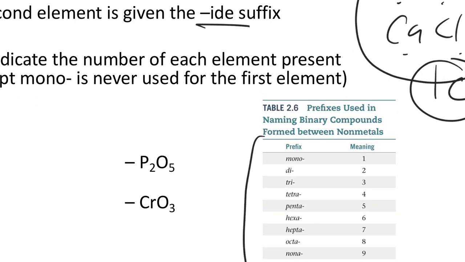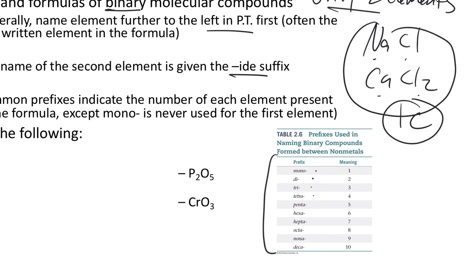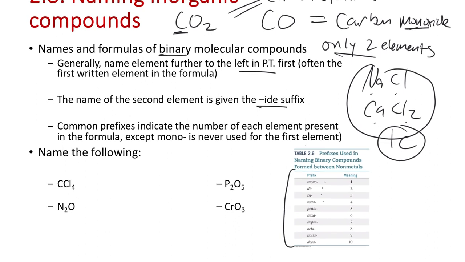Here we're just picking up the mono, di, tri, tetra for 1, 2, 3, 4 of those atoms in the formula. The only exception in the nomenclature system is that for the first element, we don't use mono, but we would use whatever the prefix is if there were more than one of that atom in the formula. So we don't call it monocarbon monoxide, it's just carbon monoxide for CO.